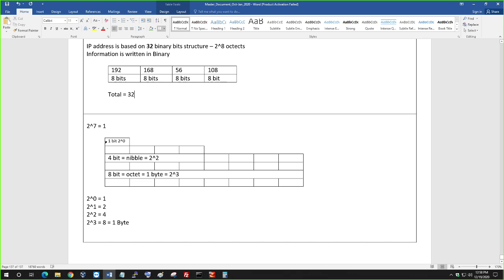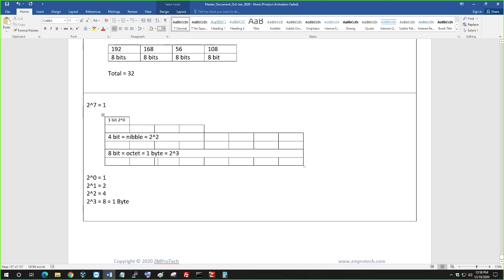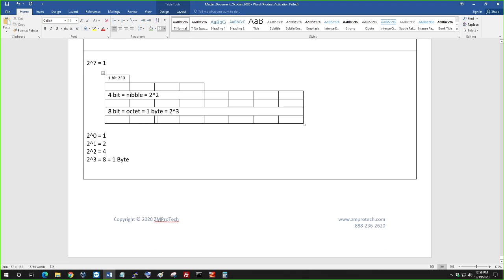Okay, let's focus on the single bit here. Within 8 bits, there are 8 positions here: 1, 2, 3, 4, 5, 6, 7, 8. Let's see how this is working. I'm going to create another table here.